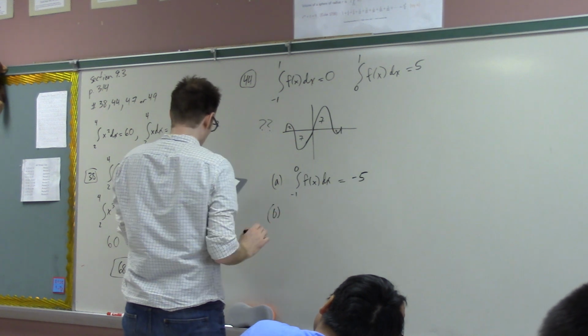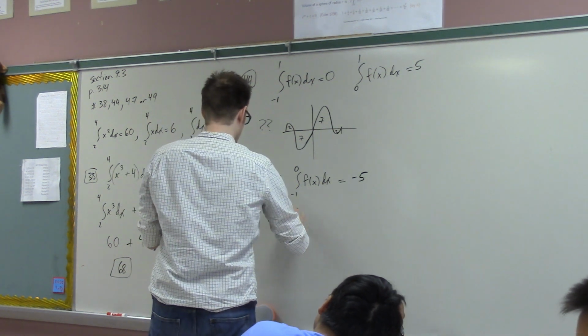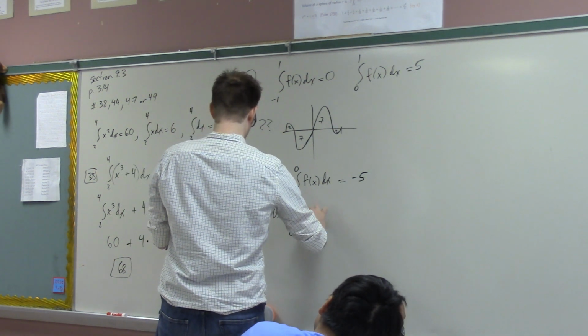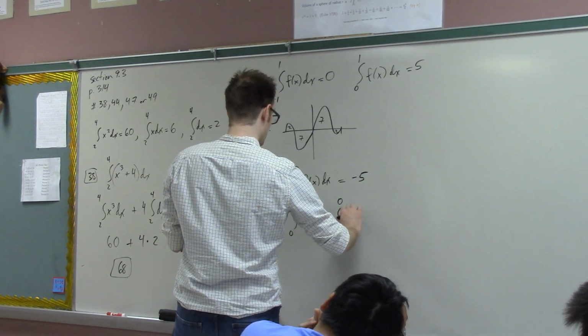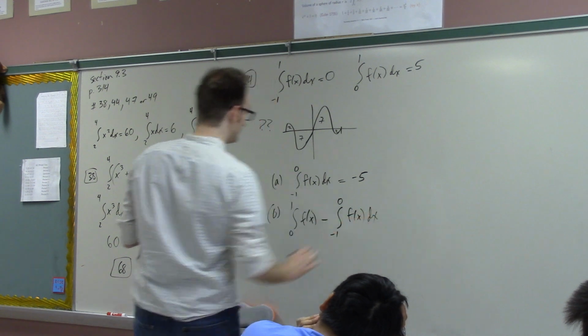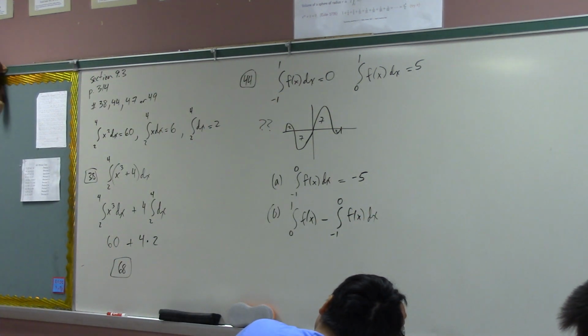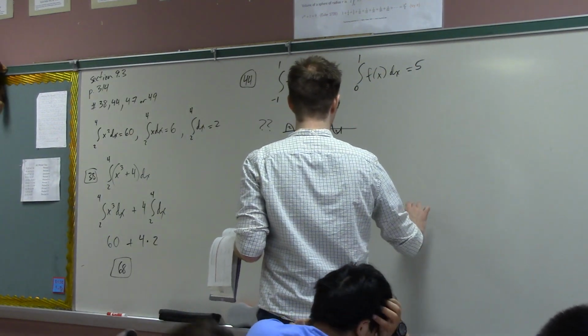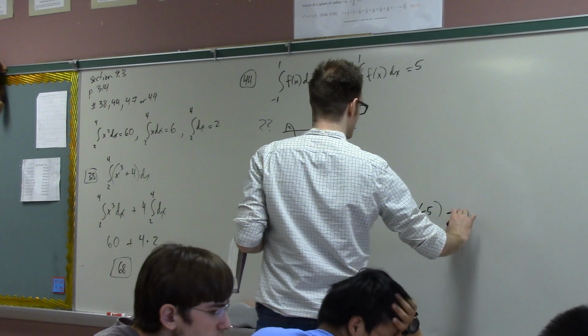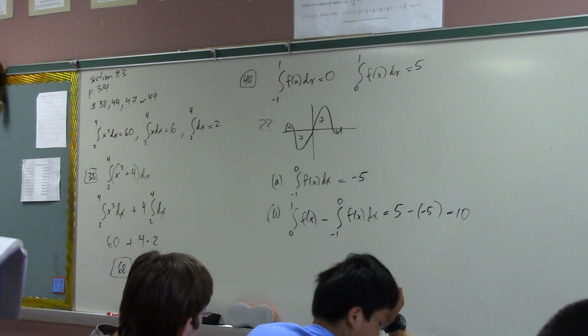No. Right, how about B? B is the integral from 0 to 1 of f minus the integral from -1 to 0 of f. Well, I can just do those both because I just did them. This is going to be 5 minus -5, so that's 10. Is that what you got?